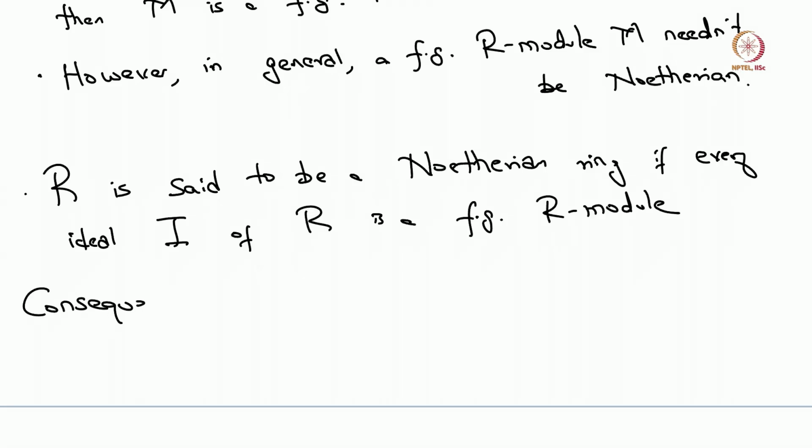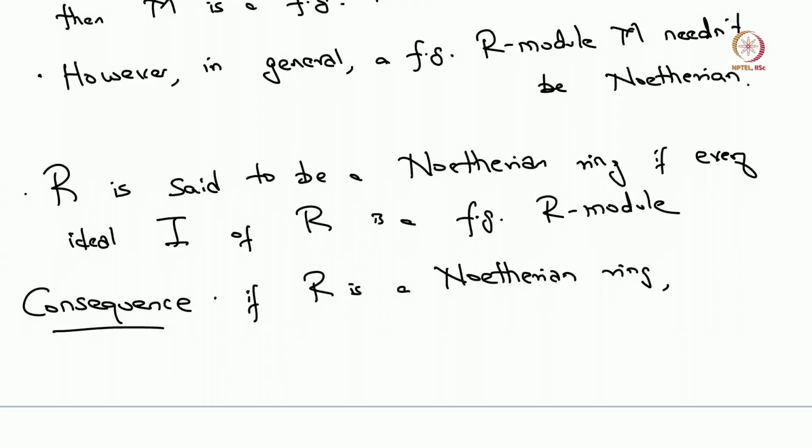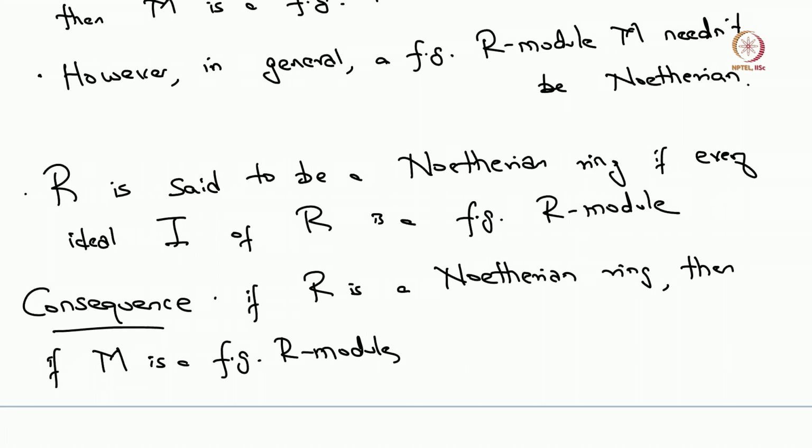So if you work with Noetherian rings, things are nice. So if R is a Noetherian ring, then it does turn out that if M is a finitely generated R module, then M is a Noetherian R module.